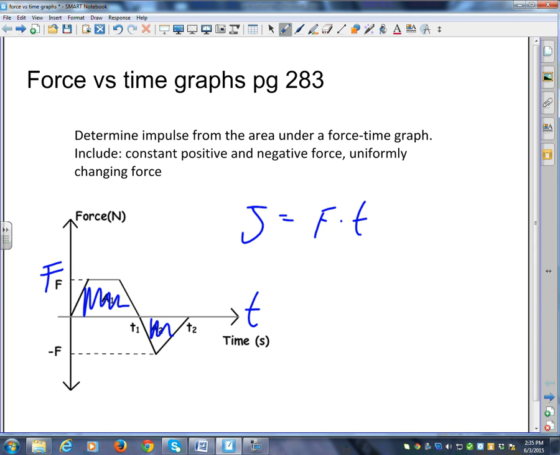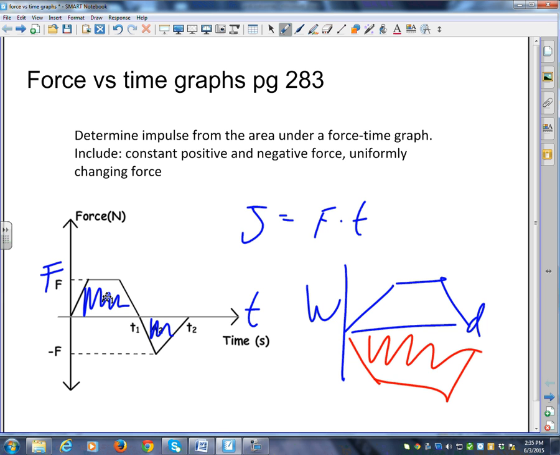Well, it's impulse. No different than when we had graphs of work and distance, where work equals the force times distance, and the area is the work. We've done this probably 4 or 5 different times, have we not, where the area in the graph means something?